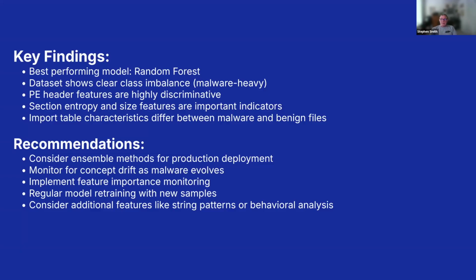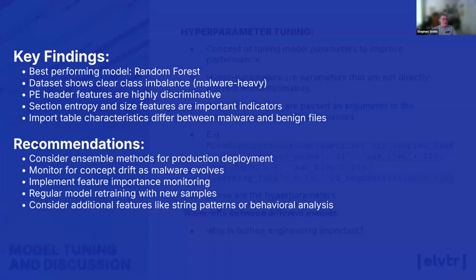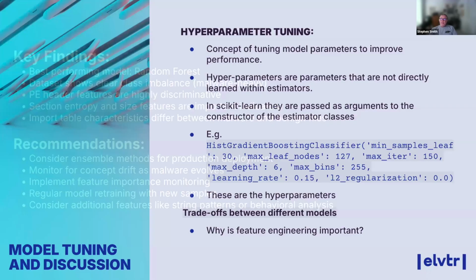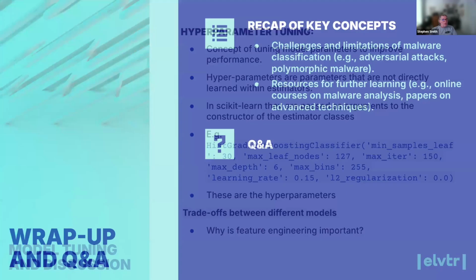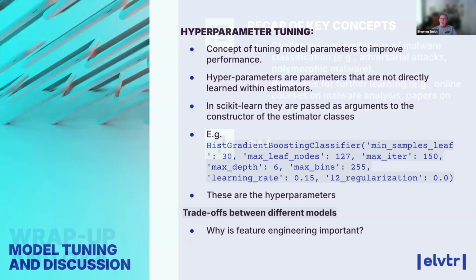And consider additional features like NLP processing for string patterns or behavioral analysis, right? We'll be talking about those a little bit later in a future class. All right. I think we talked about hyperparameter tuning already.